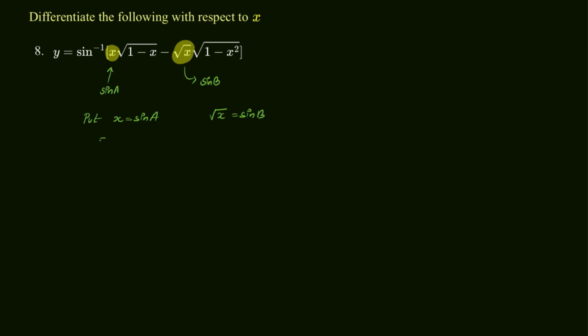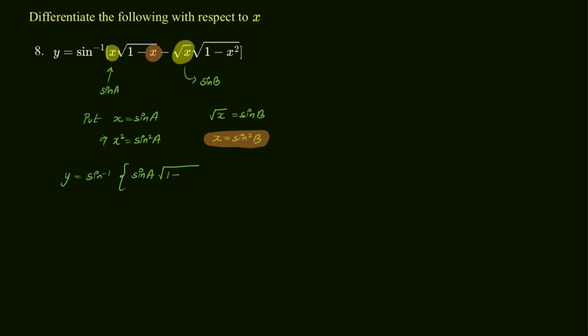If I square both sides, it will be x square equals sine square a, and if I square both sides in the other equation, then it will be x equals sine square b. Now my function will be y equals sine inverse of, now instead of that x I am writing sine a, square root of 1 minus, and instead of this particular x I'll write sine square b.